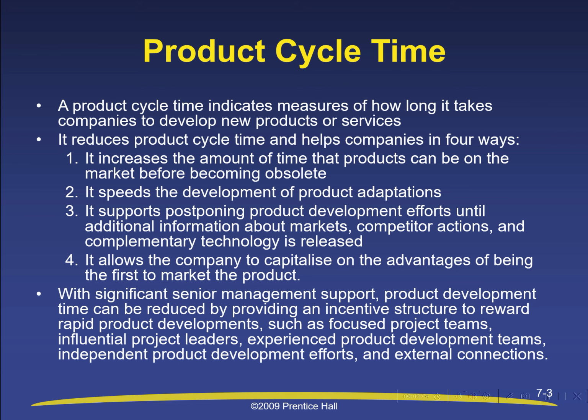Number two, it speeds the development of product adaptations. Number three, it supports postponing product development efforts until additional information about markets, competitor actions, and complementary technology is released. And number four, it allows the company to capitalize on the advantages of being the first to market the product.